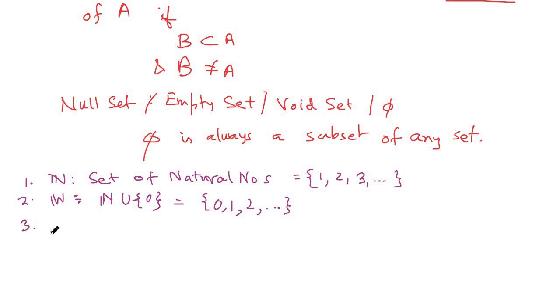The third one is the set of integers, represented by Z. What are the elements of this set of integers? We have 0, then plus minus 1, then plus minus 2, and so on and so forth. All these things are integers.